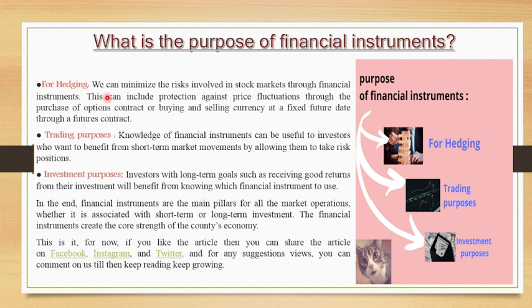Now, in this case, we can minimize the risk involved in the stock market through financial instrument, which include protection against price fluctuation through the purchase of option contract or buying and selling currency at a fixed future date through a future contracts.